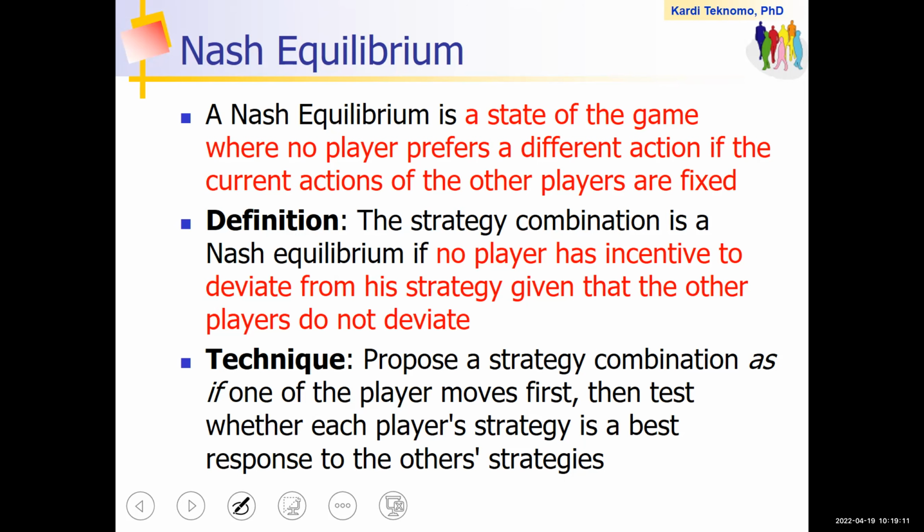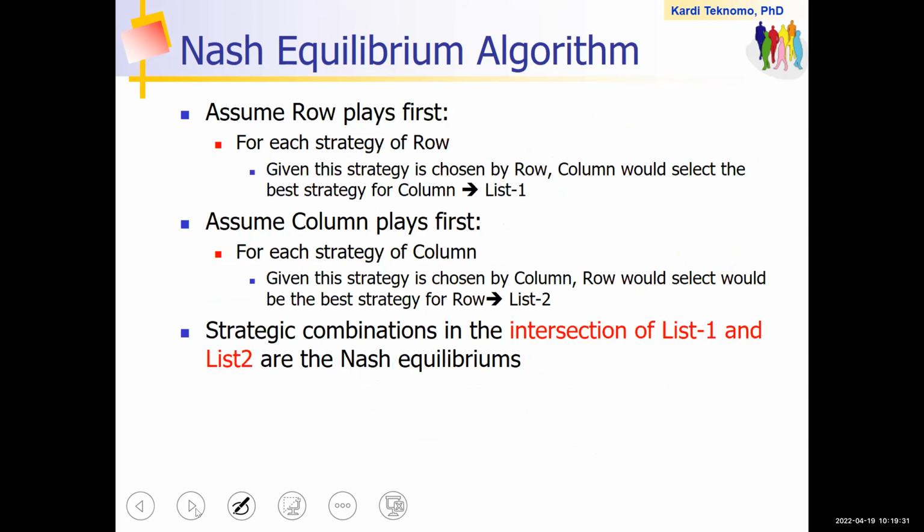Okay, so the technique, you need to propose a strategy combination as if one of the players moves first. Then you test whether each player's strategy is the best response to the other strategy. Okay. So how to do that?